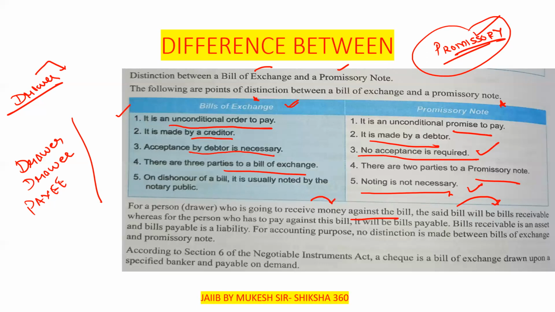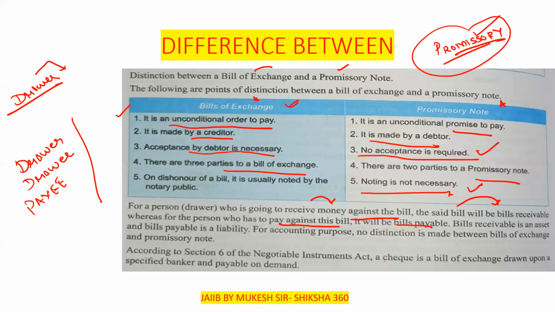Whereas the person who has to pay against this bill, that is the drawee or the payer, that bill is called the bills payable.